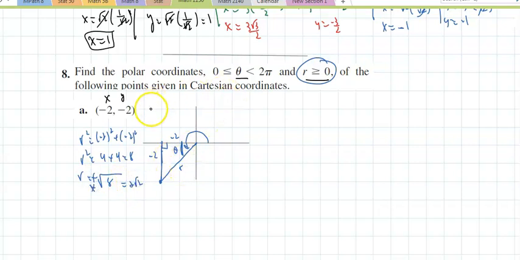So, converting this to r and theta, we already discovered that r is going to be 2 radical 2. Now we want the angle. If I take tan of theta, right, only 4 formulas, r squared equal x squared plus y squared, tan of theta equal the y over the x.